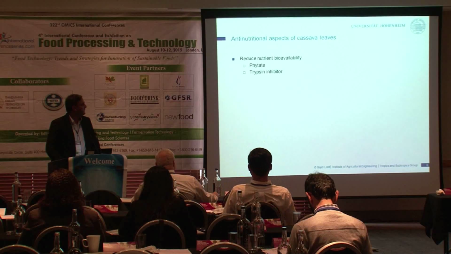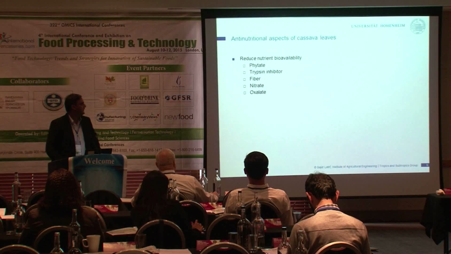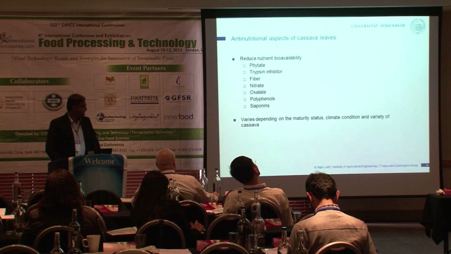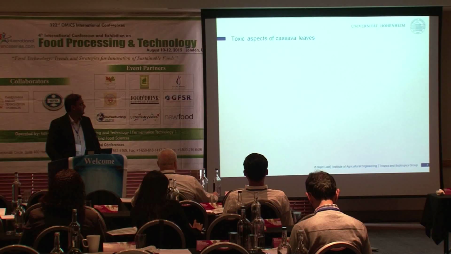It has phytate, trypsin inhibitor, fiber, nitrate, so it's again a long list. And these anti-nutrients vary depending upon the maturity, climate condition, and variety of cassava.